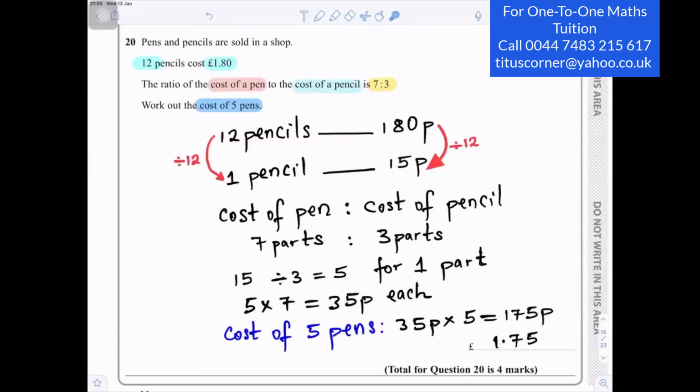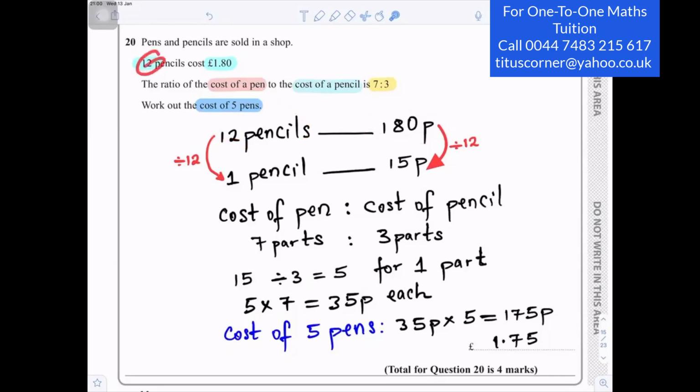Question number 20. Pens and pencils are sold in a shop. 12 pencils cost £1.80. The ratio of the cost of a pen to the cost of a pencil is 7:3. Work out the cost of 5 pens. So what you do is you write 12 pencils is 180 pence.